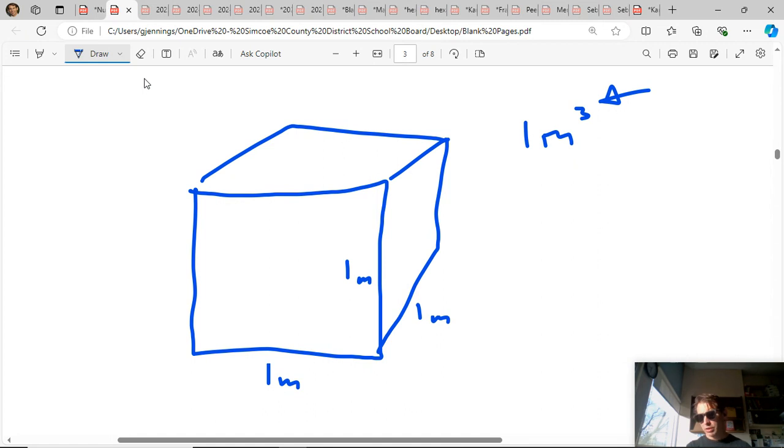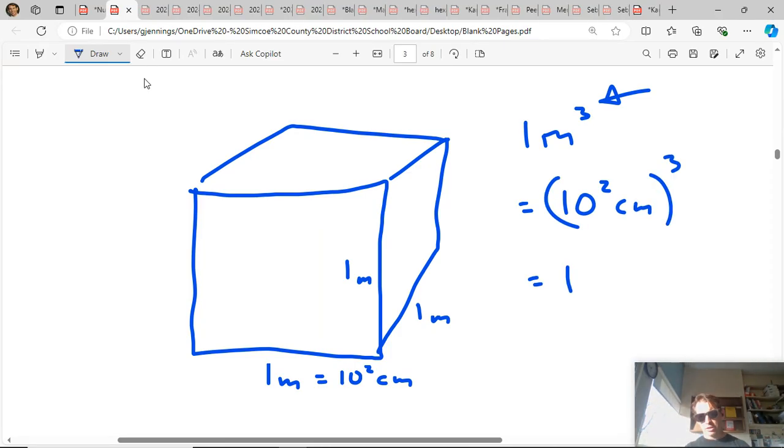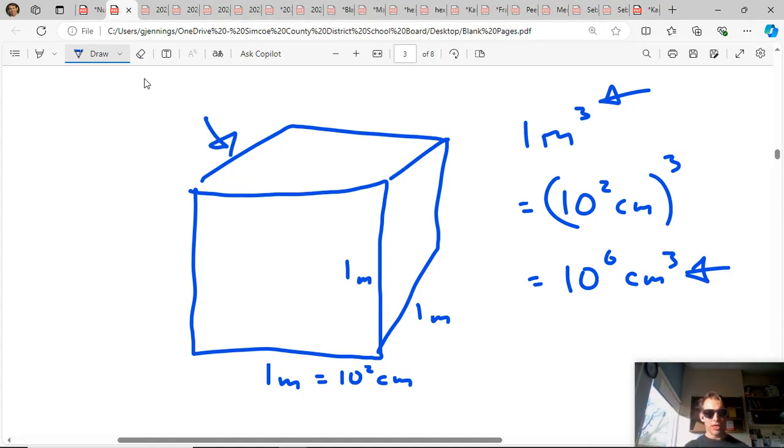Cubed things measure 3D space. Each one is equal to 10 to the 2 centimeters. So 1 meter cubed is the same thing as 10 to the 2 centimeters all cubed. So that would be, multiply the exponents in this case, 10 to the 6 centimeters cubed, or 1 million cubic centimeters are in this cubic meter.